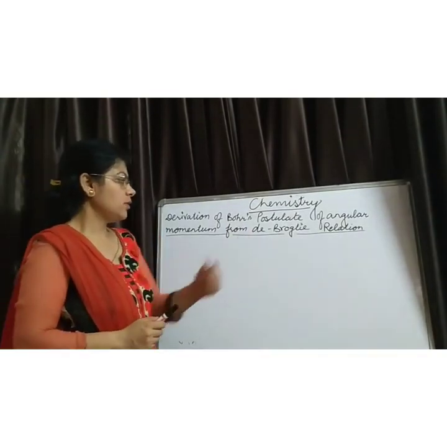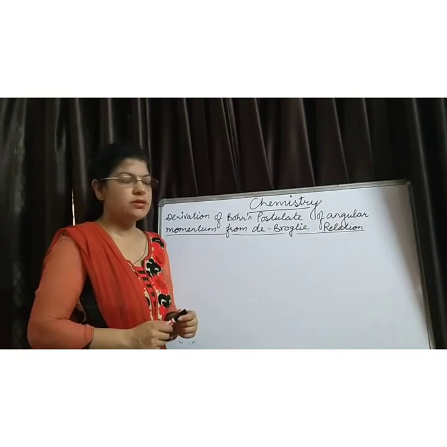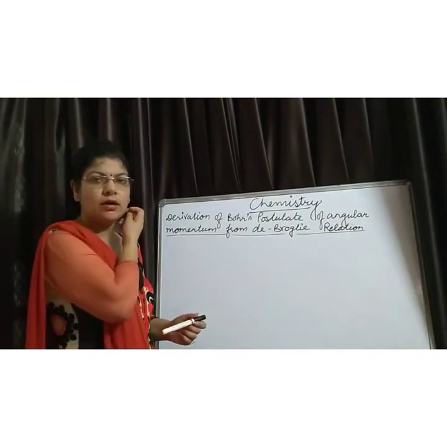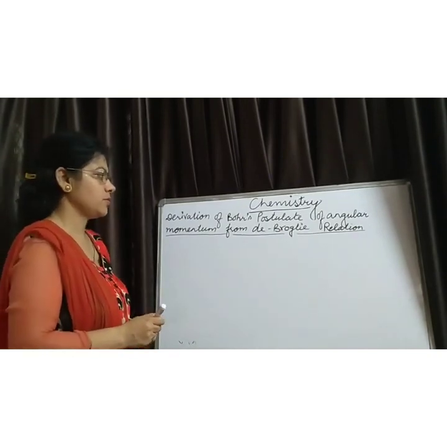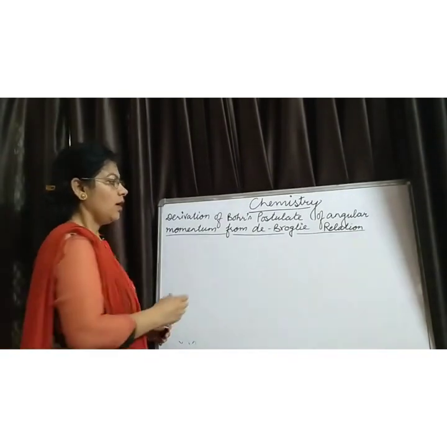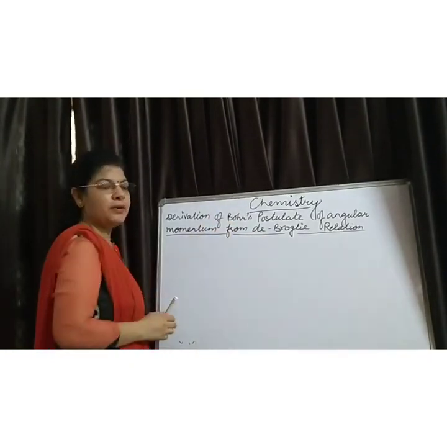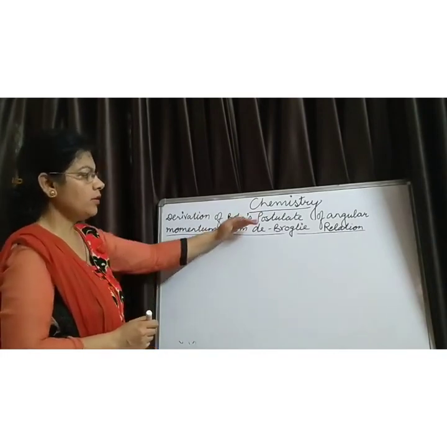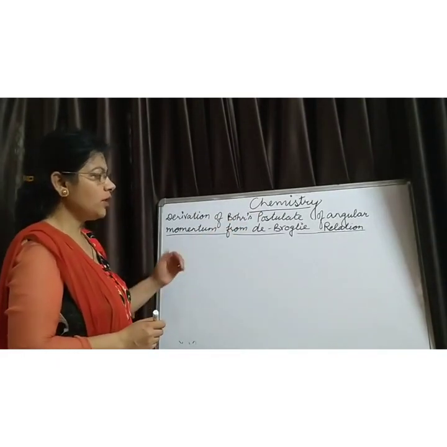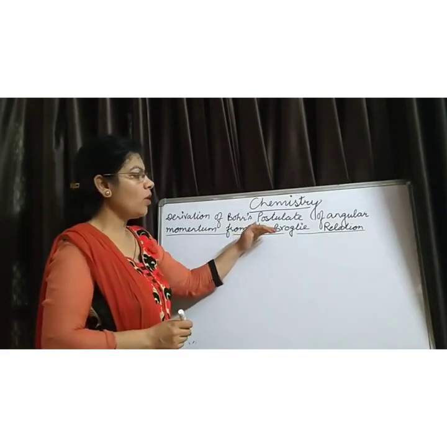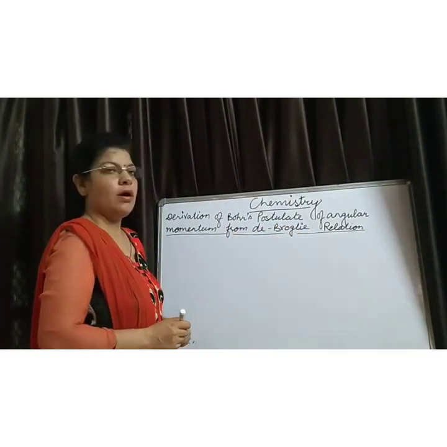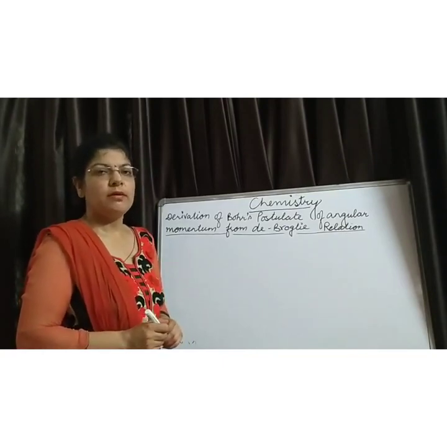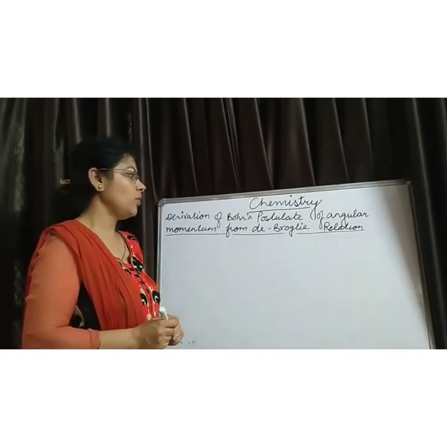As we know, de-Broglie was the first scientist who explained the dual character of electromagnetic radiations, and this is also an application of the de-Broglie concept. From the de-Broglie relationship, we can also calculate the angular momentum of the electron or of the orbit.